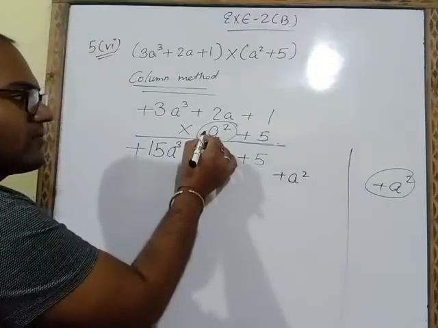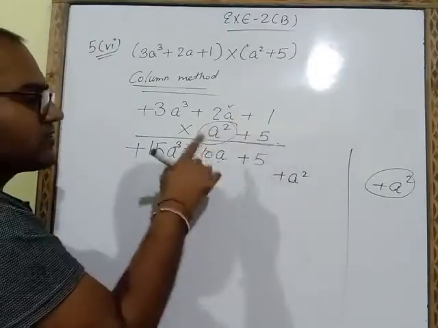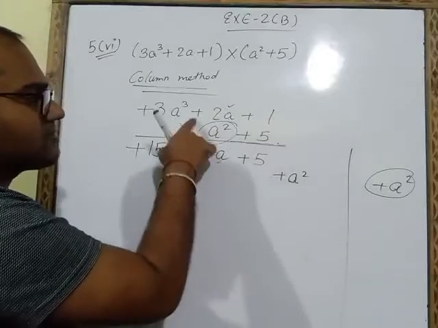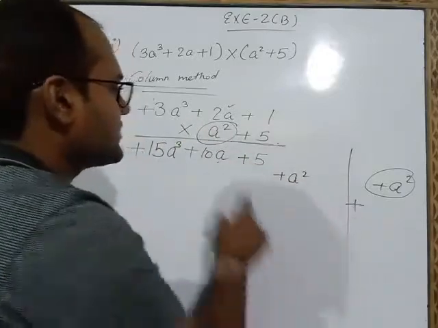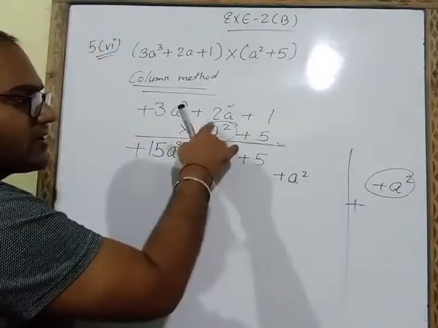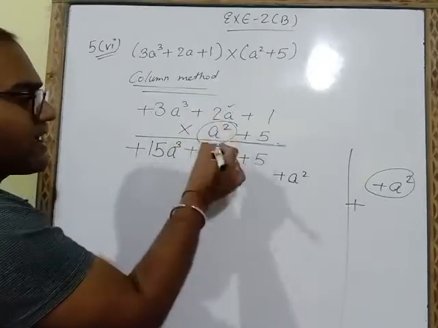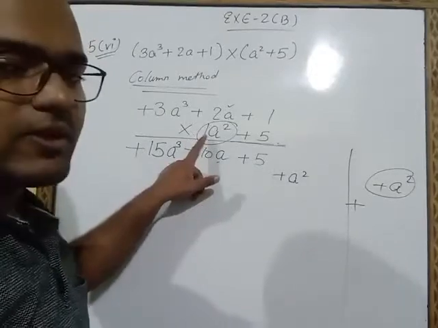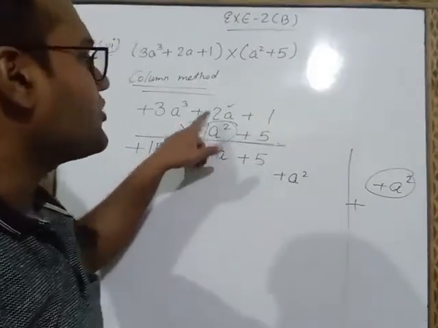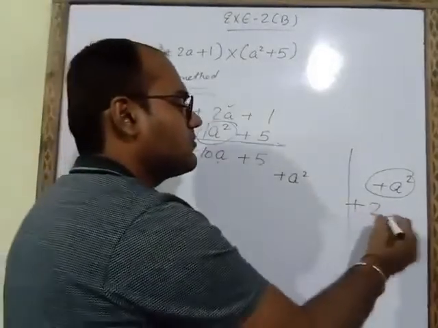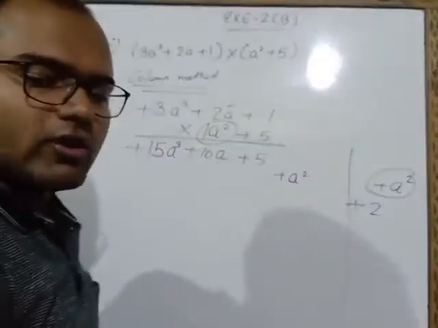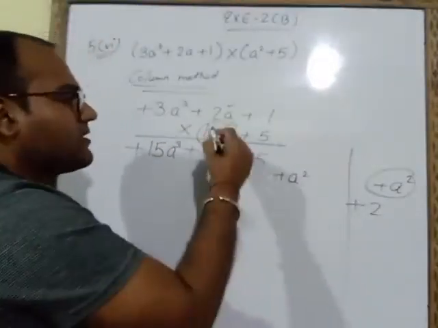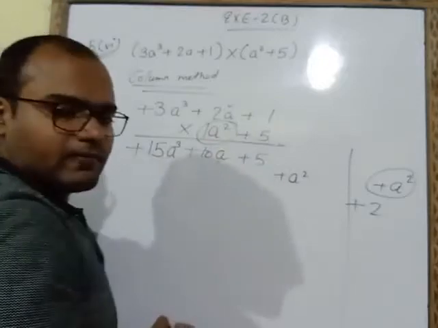Now we have to multiply this a square with 2a. First of all we will multiply the sign. Plus multiply plus. Here we will multiply the numbers. Here no number is there, so we can take 1. If no number is given, then we have to take 1. 1 into 2, when we do, we will get 2. Now we will multiply the alphabet.